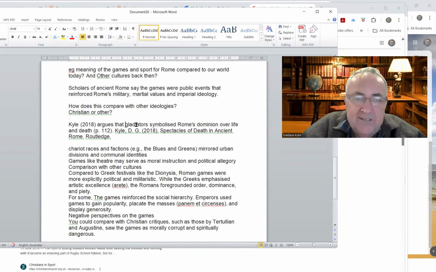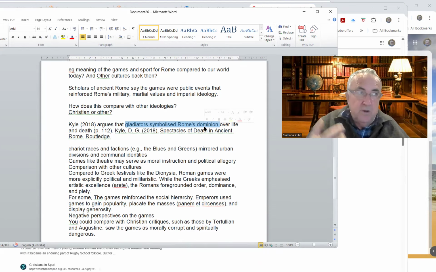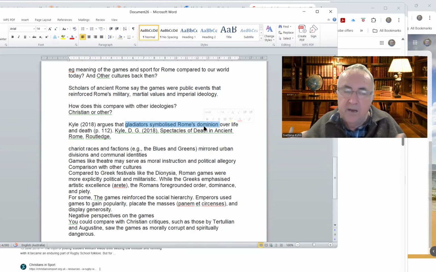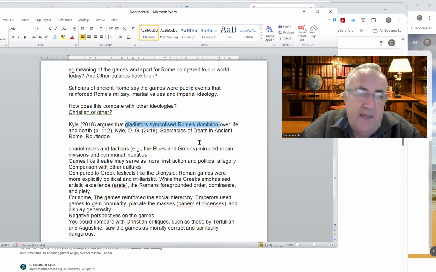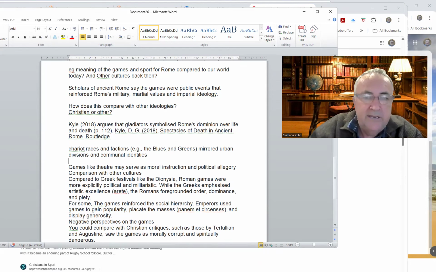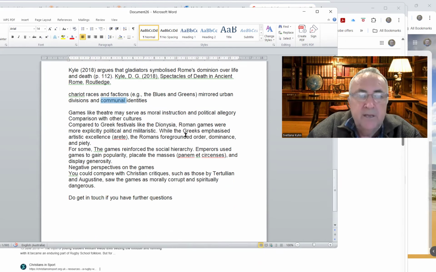Kyle argues that gladiators symbolised Romans' dominion through military might, perhaps, or through physical prowess over life and death. And chariot races and factions also mirrored other social ideas, such as social division and communal identity in ancient times.